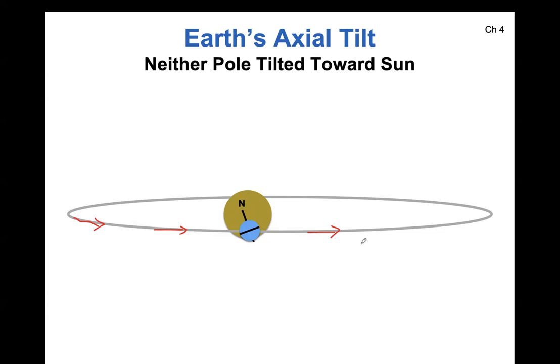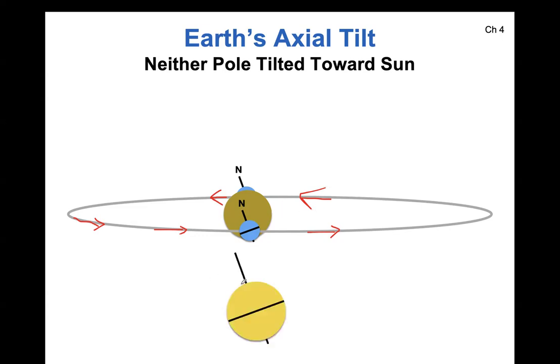At another moment in the orbit, on the opposite side, six months later, the tilt is again directly parallel to the motion, and the North Pole is tilted in the direction that the planet is moving. But importantly, it means there's no change of sunlight between the hemispheres. Now the hemispheres have the same amount of sunlight compared to each other.